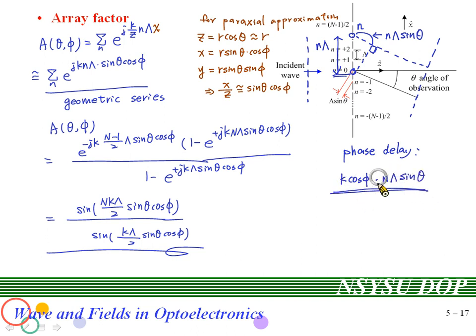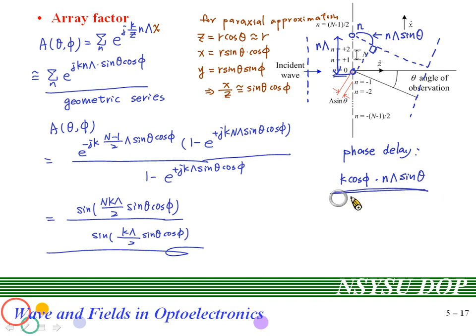So this one is the phase delay of the field from the n slit to the field in the center slit. So for each slit, the field to the observer will have a phase delay compared to the center slit, and it can be written as this term.